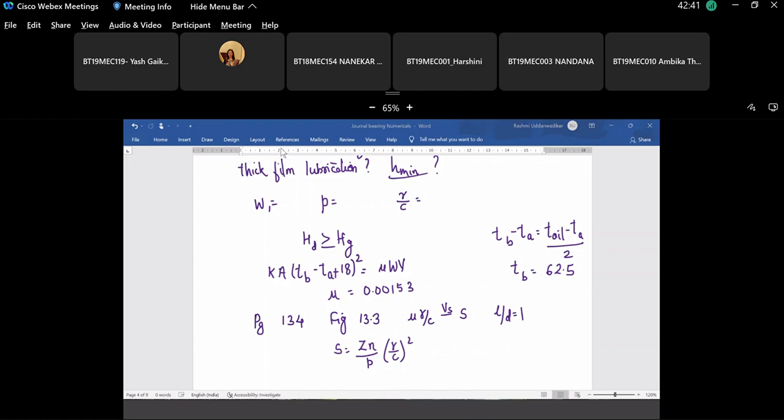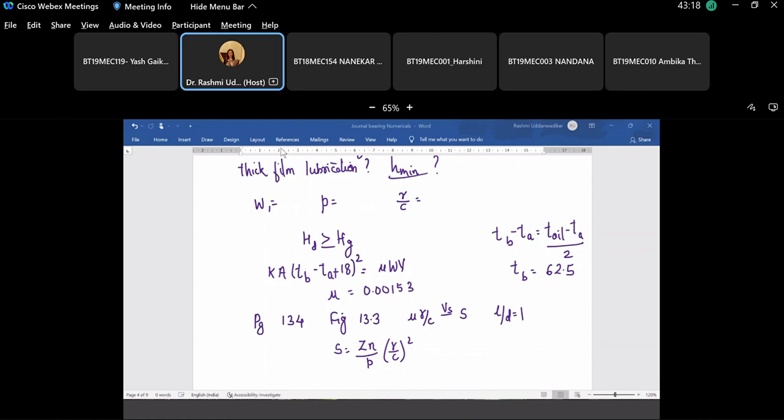Sommerfeld number is a dimensionless number which has so many graphs that are plotted for Sommerfeld number versus H minimum by C, Sommerfeld number versus the ratio of pressure, Sommerfeld number versus mu r by C, and Sommerfeld number is one number which will help us get the value of Z, N, P, R, and C, these 5 variables. And these graphs are all obtained by performing number of experiments by two researchers, Raimondi and Boyd.